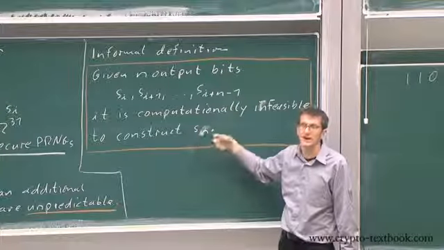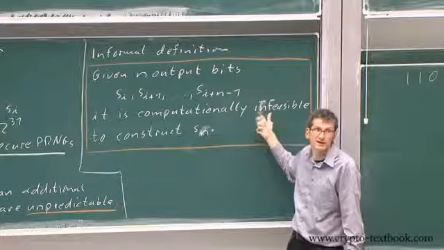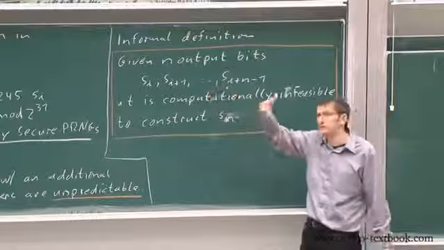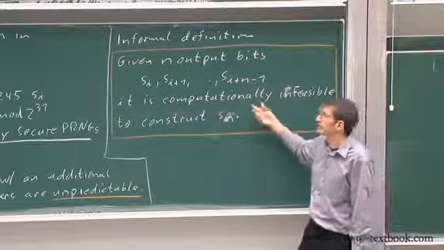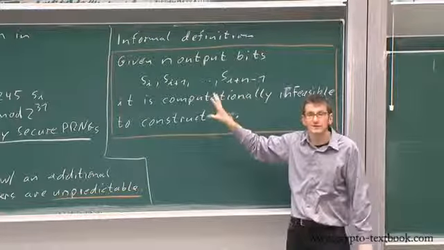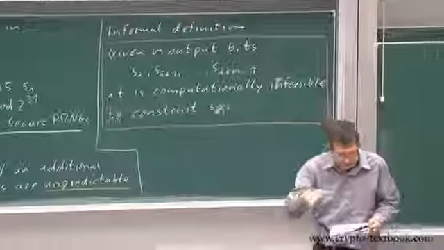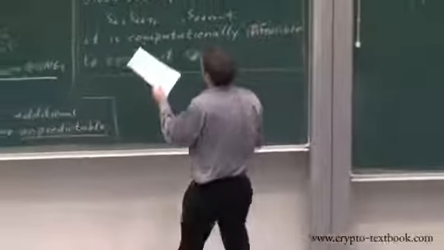And if you cannot do that, that is infeasible, meaning impossible, not doable. So if you cannot do that with modern computers, or with 10,000 Aldi PCs or something, a lot of computing power at your hand, if you cannot compute s1001, then this is unpredictable, computationally secure. Why we need that, you will see. And that's the informal definition.